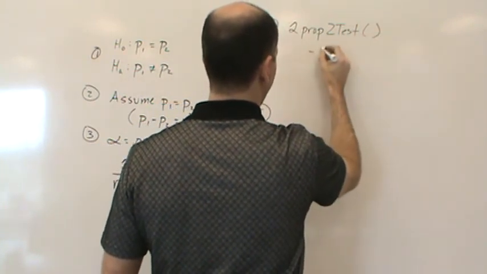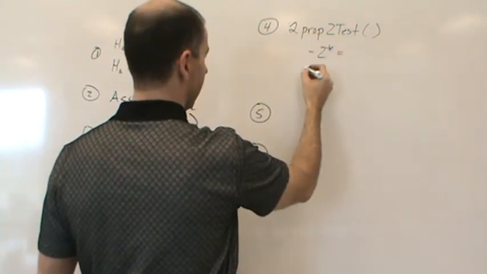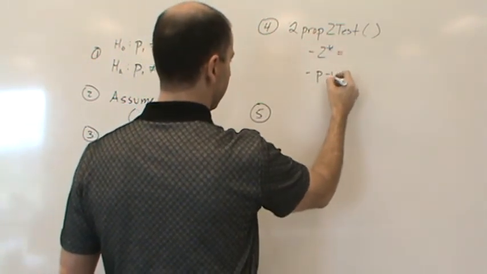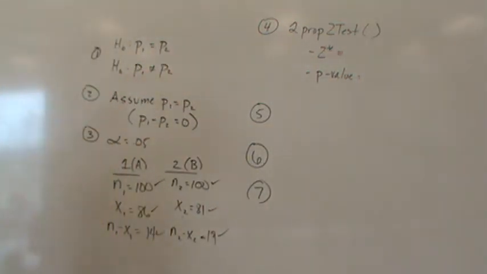And so now our Z star, our test statistic, is equal to whatever value we get in a minute. So now, go back to the calculator, and we're going to go to stat test, go down to number 6, and now we're going to stick in our values.